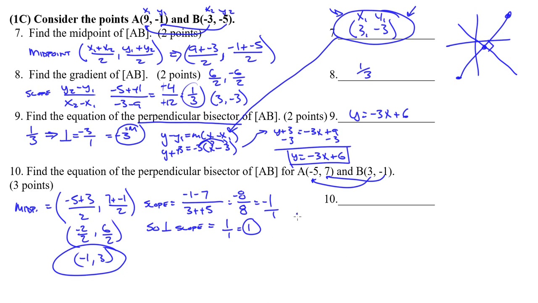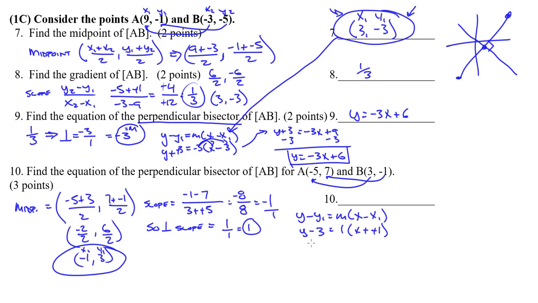Okay, and now we can plug that into the point slope. y minus y1 equals m times x minus x1. Our slope for this one is going to be 1. And we're going to use this for x1 and this for y1. y1 is 3, x1 is negative 1.